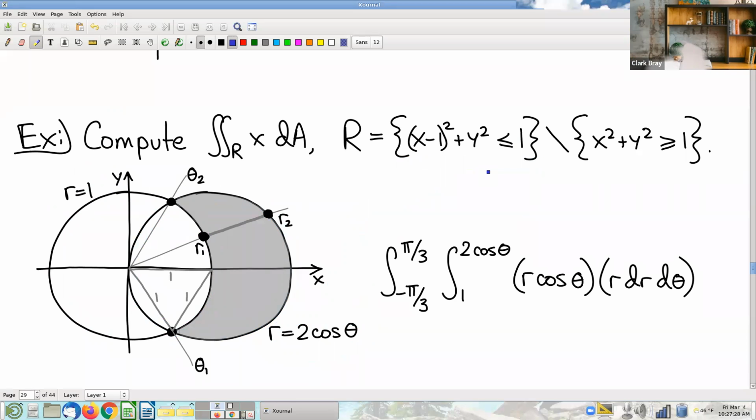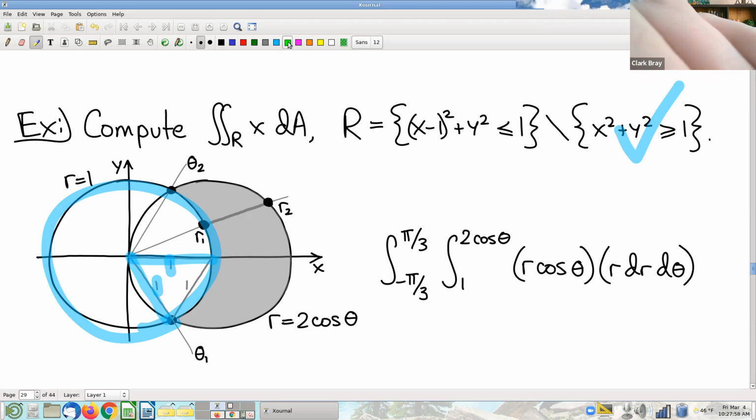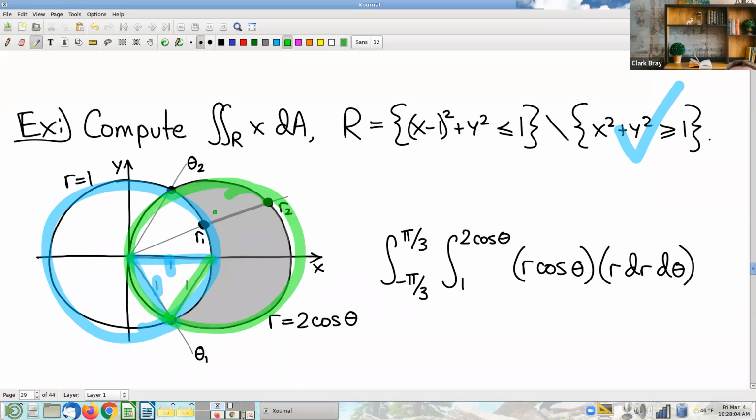Notice in the geometry here that this distance here is 1 because, well, it's a radius of that circle, right? I can just see from this given equation over here, the second equation, clearly that radius is 1. Secondly, that is 1. And then thirdly, notice that this is a radius of that circle, and that radius is also 1.